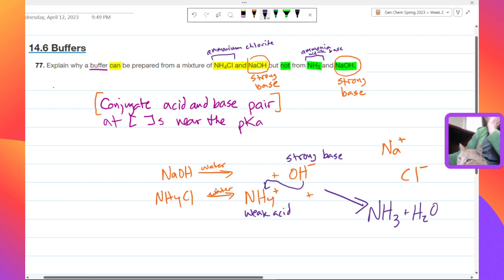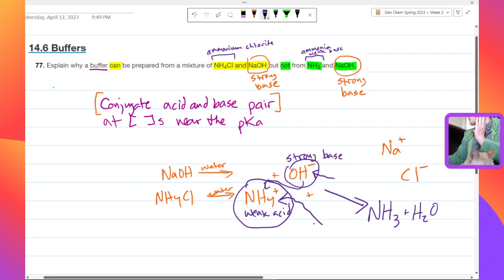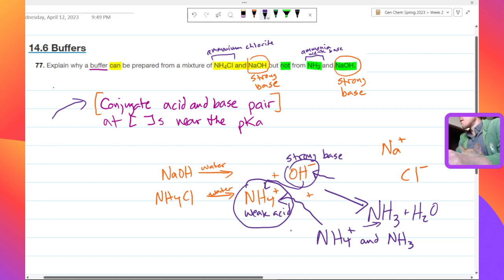Now, if you have a lot of this and less of that, then you're going to end up using up all of your hydroxide, but you'll still have some of your ammonium left over. If you still have some ammonium left over, and then you just created some ammonia, that is a conjugate acid and base pair. This is why this does work as a buffer.